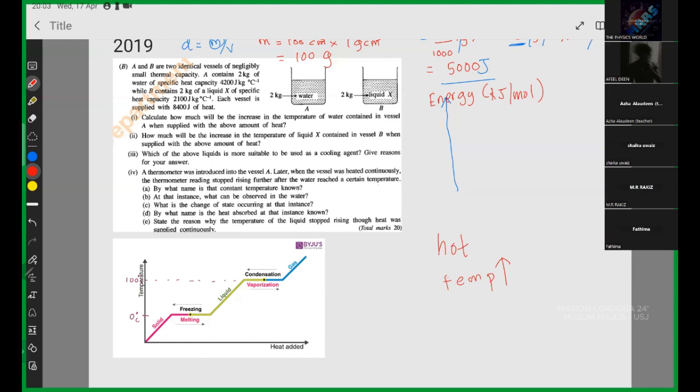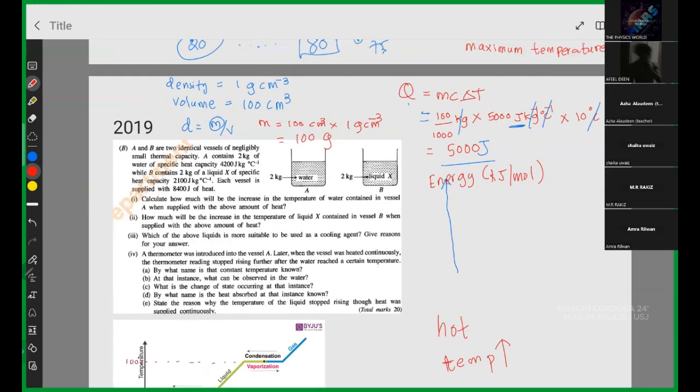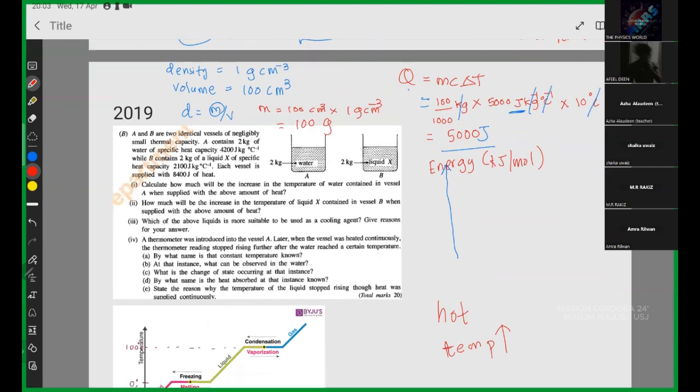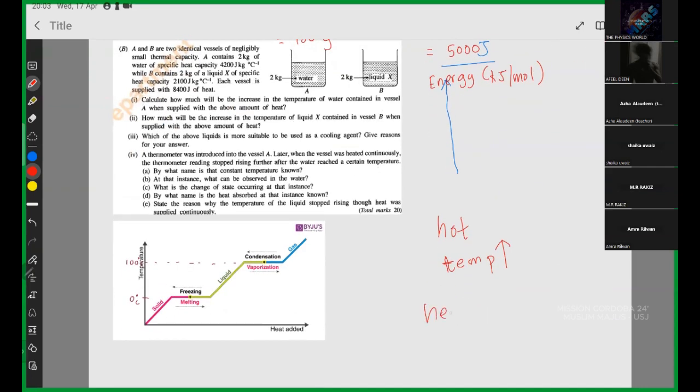When the final temperature is high, listen to this again: finally, the temperature is high. That means heat is liberated. Heat means that is energy.